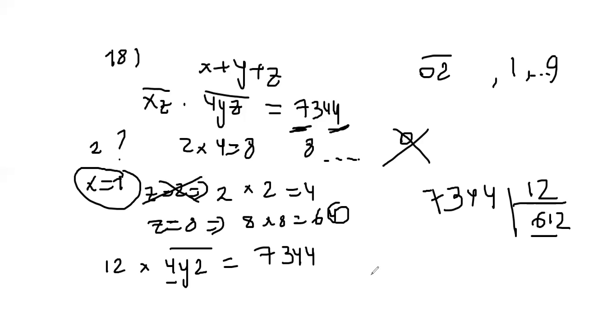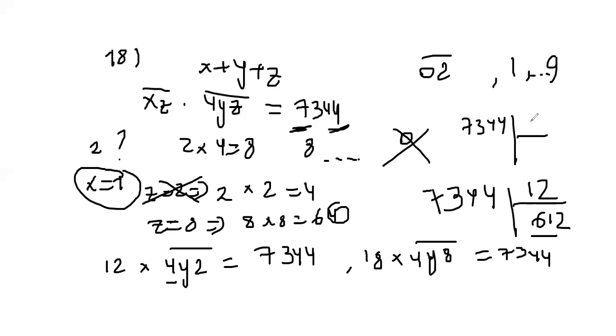Now let's check z equals 8. So obviously we need to check 18 times 4y8 equals 7344. This time let's divide by 18. It's going to be 408.